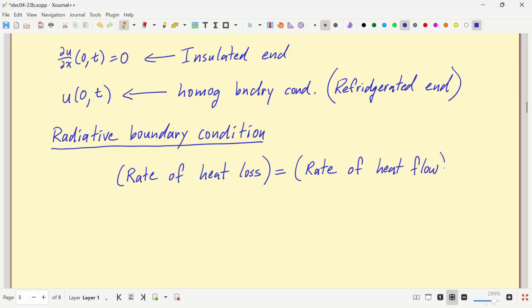And we know by Fourier's law that that would be proportional to the temperature gradient. Okay, we got two different things here.